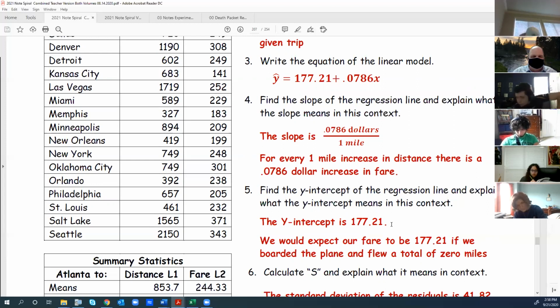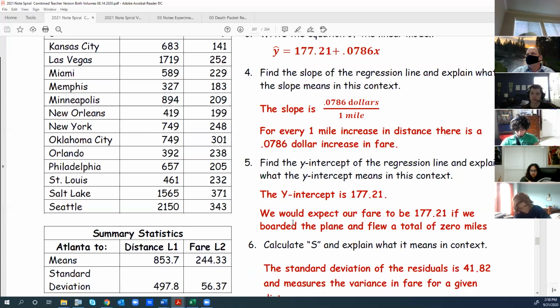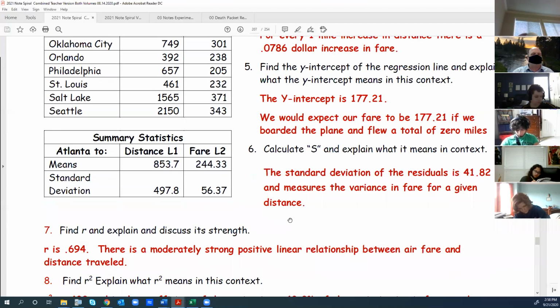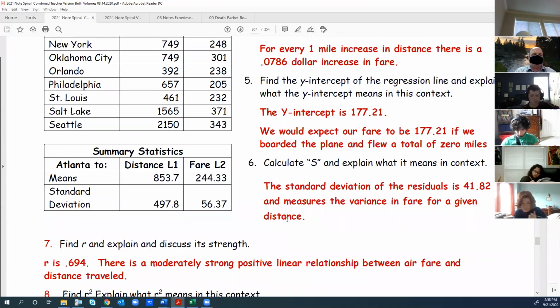I don't think anyone steps on an airplane to fly nowhere, but if it were to travel 0 miles, this is what we'd expect. Now, why is that? It's because there's certain costs. There's cost for it to be parked at the gate. There's cost for it to be at the airport. There's cost for maintenance, regardless of whether or not it flies, okay?